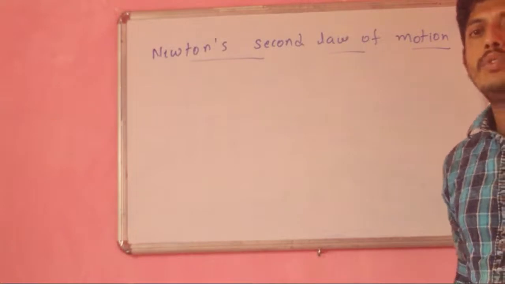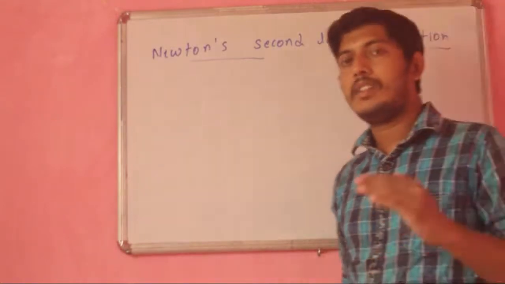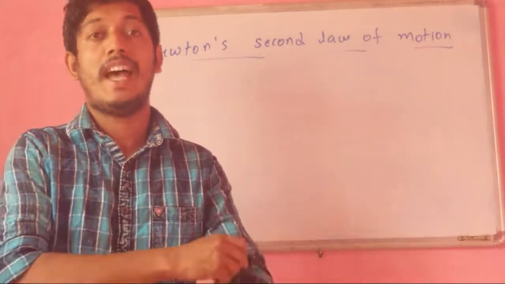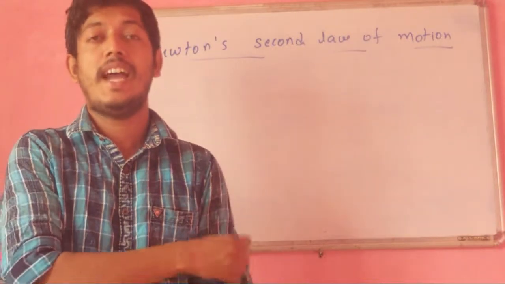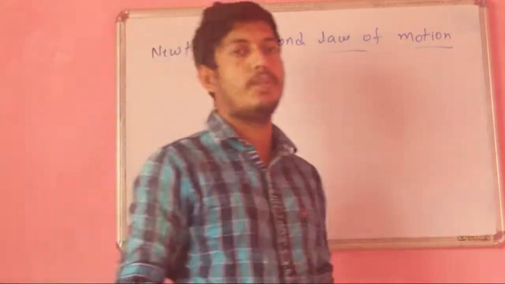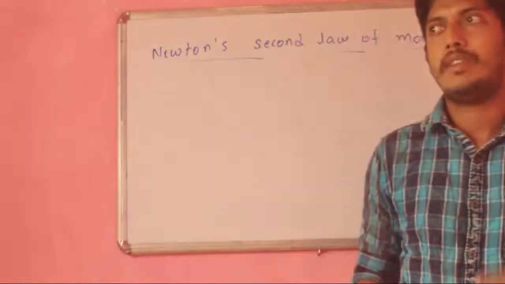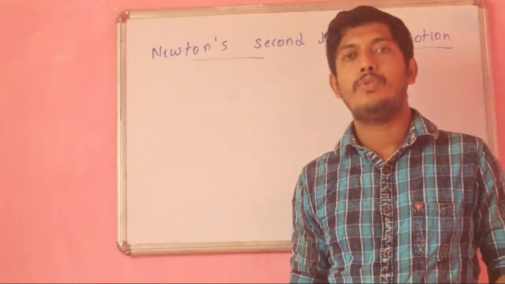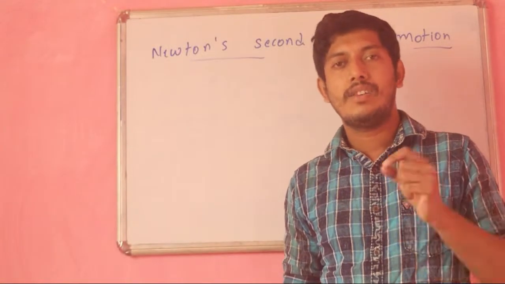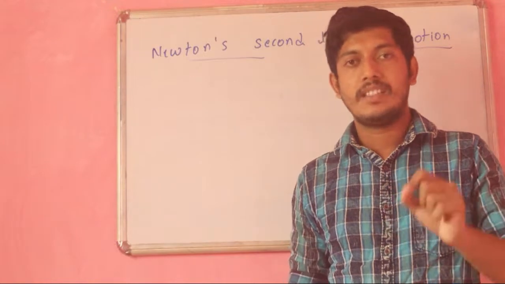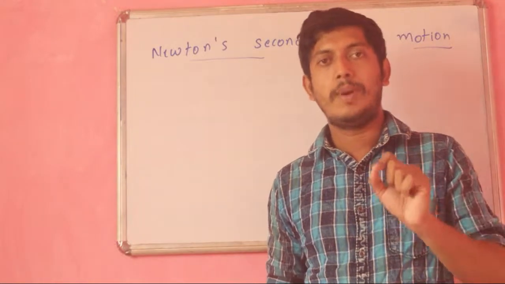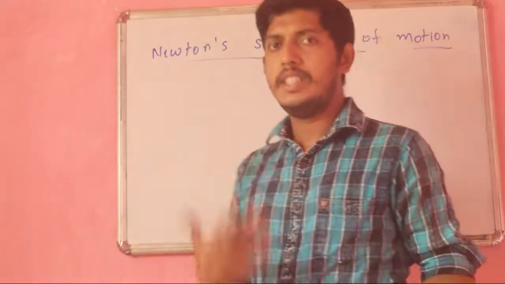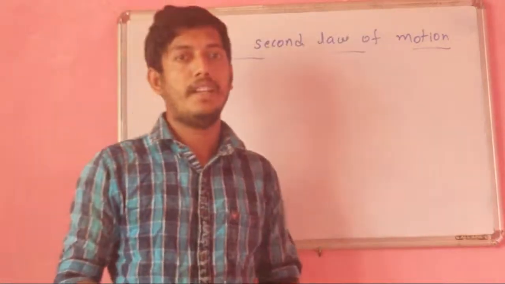According to Newton's second law of motion, acceleration given to a body is directly proportional to applied force and in the direction of the force, and it is inversely proportional to the mass of the object. I will repeat that statement. According to Newton's second law of motion, acceleration given to a body is directly proportional to applied force and in the direction of the force, and it is inversely proportional to the mass of the object.